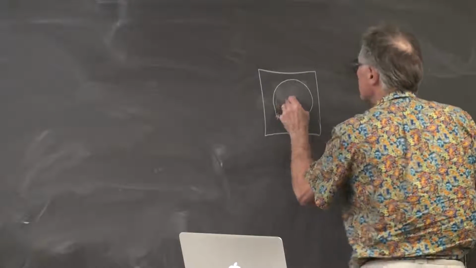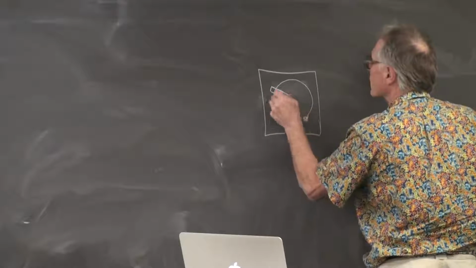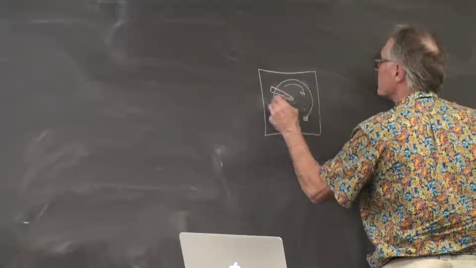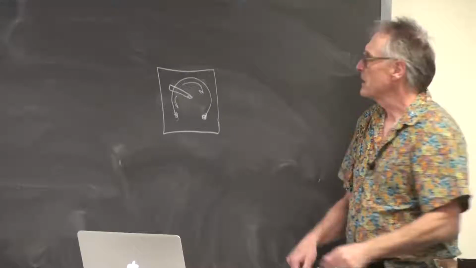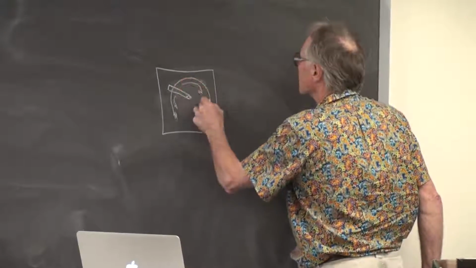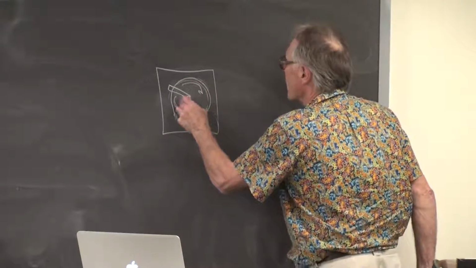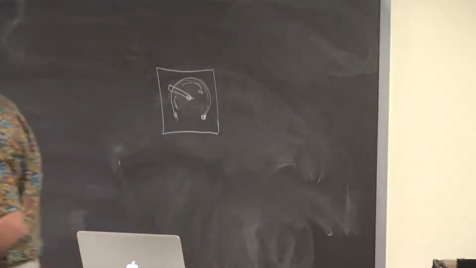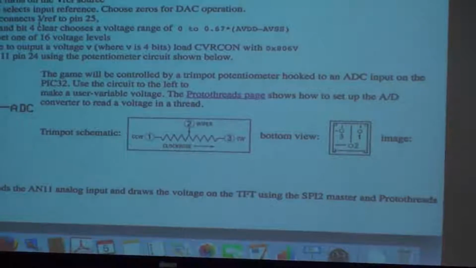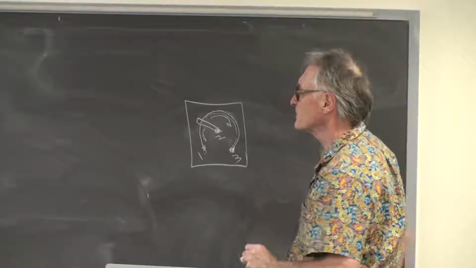And then there's a piece of metal that can drag along it back and forth. That's what you're turning when you turn that screw trim pot: you're moving this piece of metal back and forth along this ring, and that's the third lead. So in terms of this image, this would be 1, this would be 3, and that would be 2.